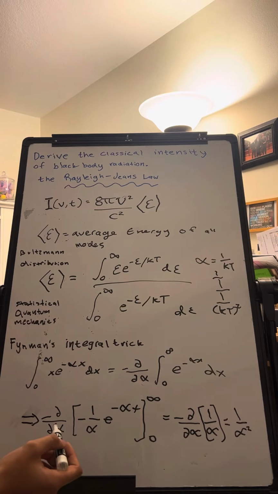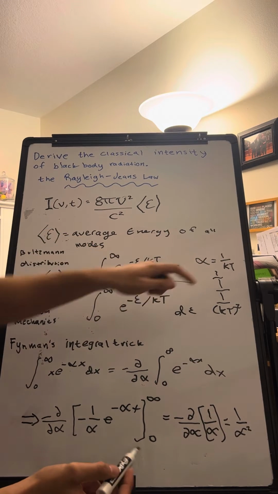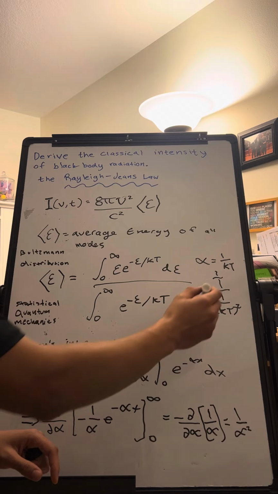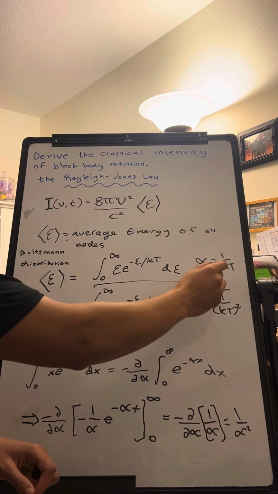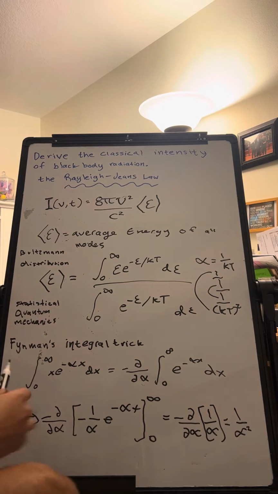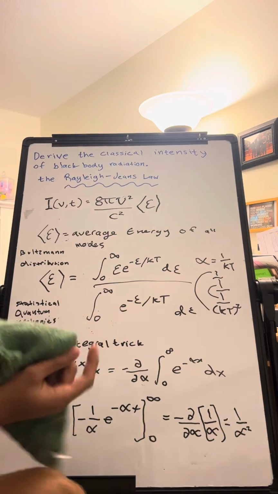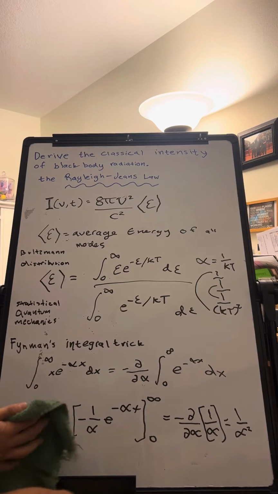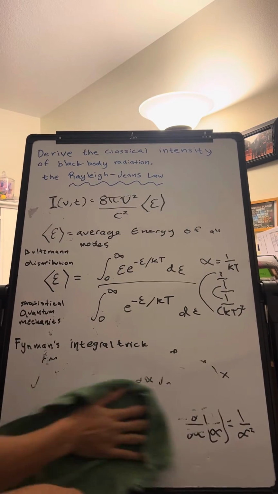And then to simplify, this is 1 over 1, which is equal to 1. Now, it's top, bottom, bottom, top. So now that we've used this integral trick, we can get rid of it.